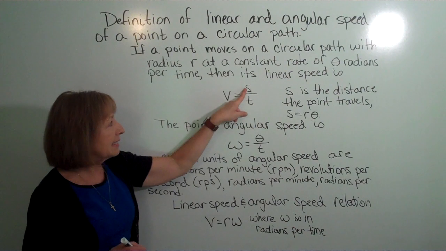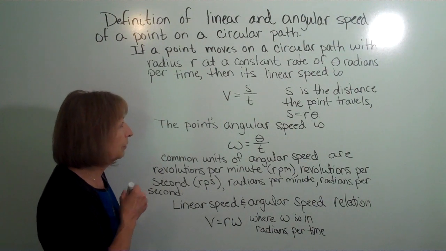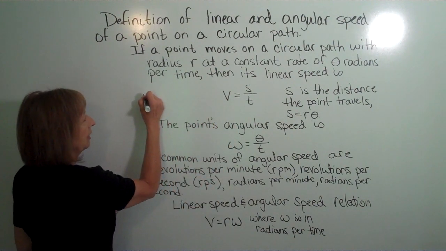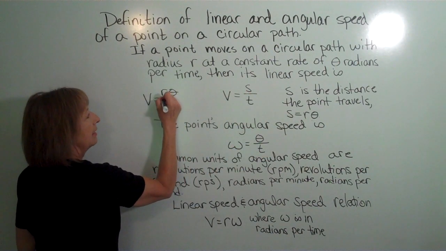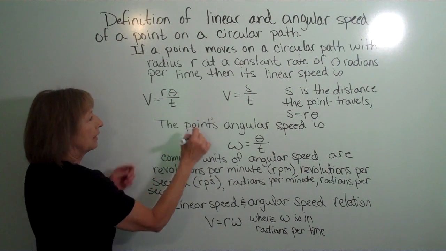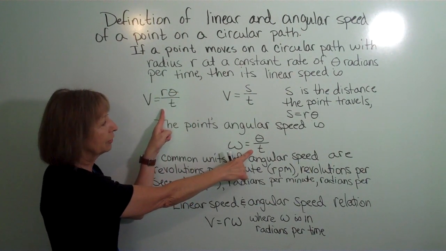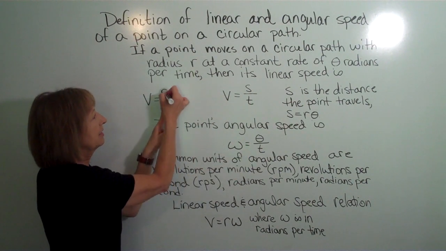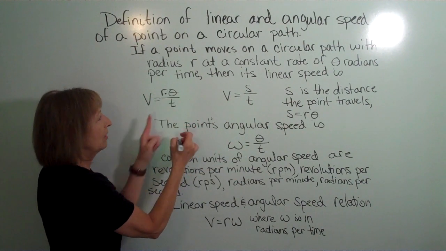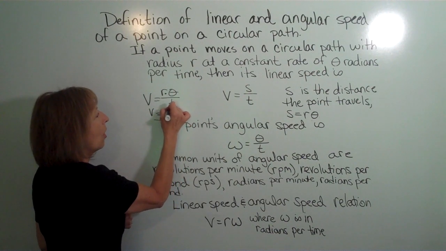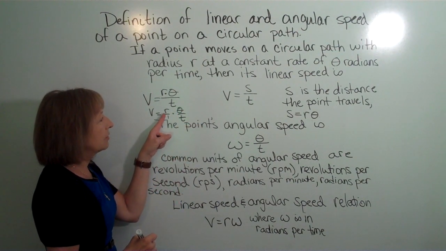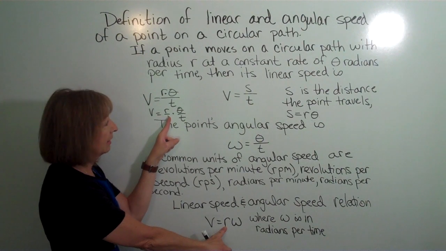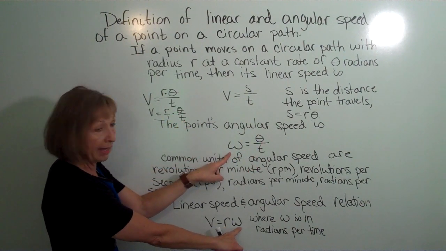Then if I replace this S with r times theta, V is equal to r times theta over t, and if we compare it with the angular speed formula, we see that this is r times theta divided by t. Well, I can write that as r over 1 times theta over t, and r over 1 is just r, and theta over t is my omega.